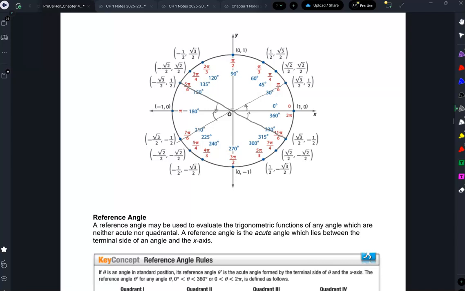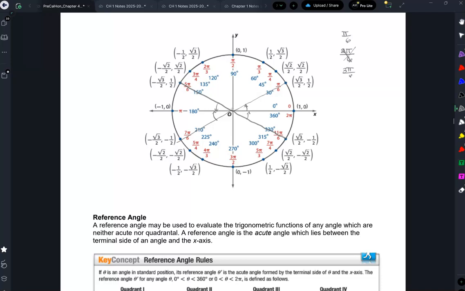The way we remember the pattern, as we did last year, is we start with pi over 6, where the coefficient is 1. Then we increase the coefficient and see which ones don't reduce. So 1 pi over 6, then 2 pi over 6. Do the 2 and the 6 reduce? So we throw it away.